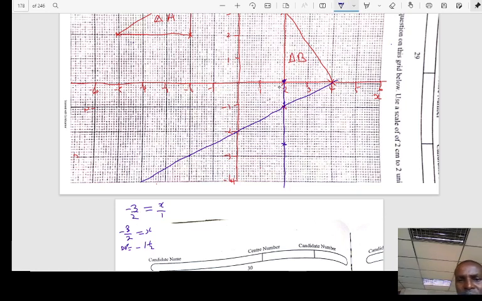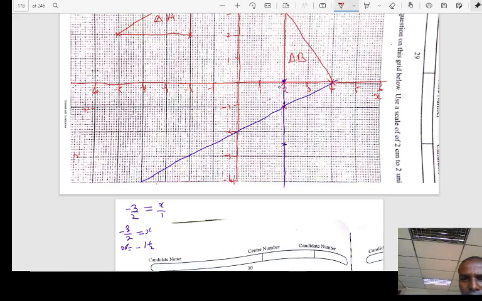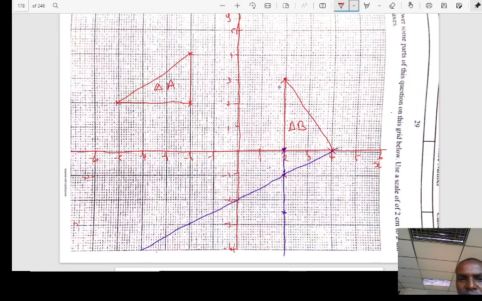Then next one, let me take this furthest point. Right, let me count boxes up to the center. It's 1, 2, 3, 4 boxes.